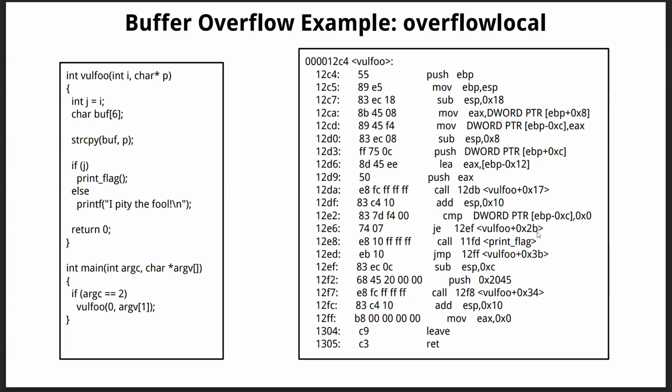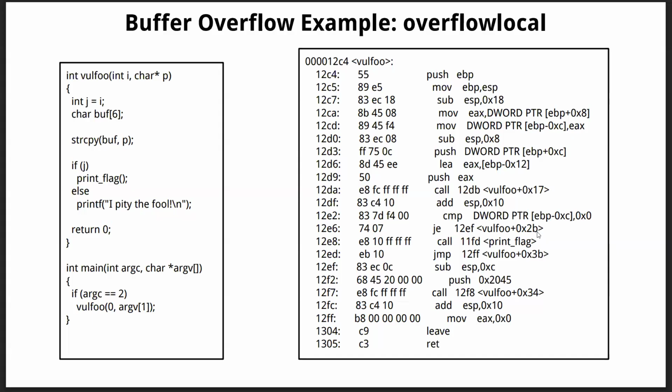Okay? We're going to overwrite the local variable j there. We're going to overwrite the return address. We're going to overwrite the saved EBP. We can even overwrite the main function's return address, or the return address of the function calling main. Everything at a higher address could be overwritten. Right? Okay, let's assume that doesn't happen.